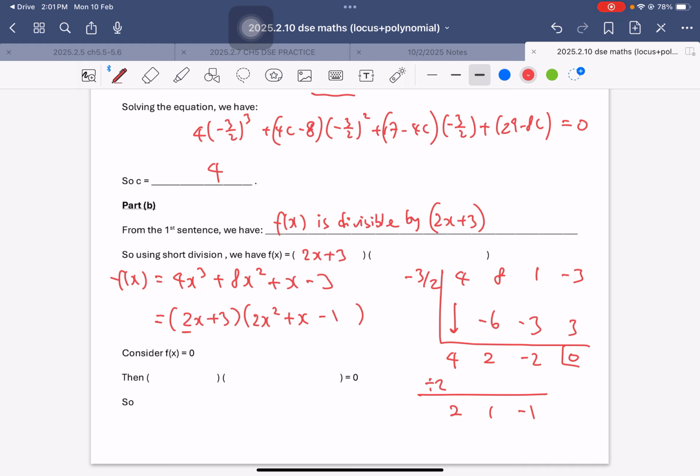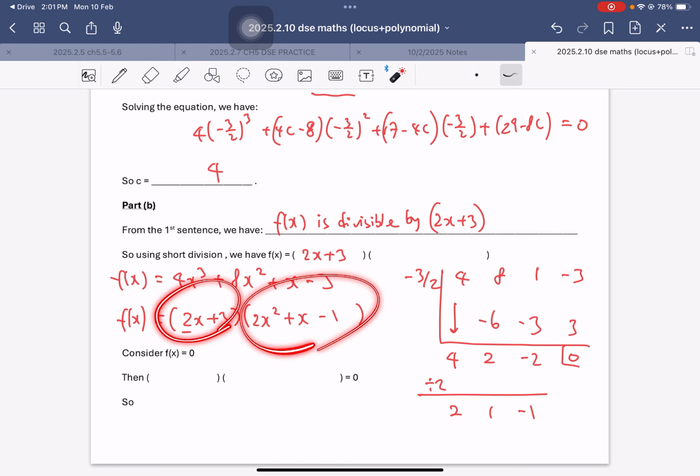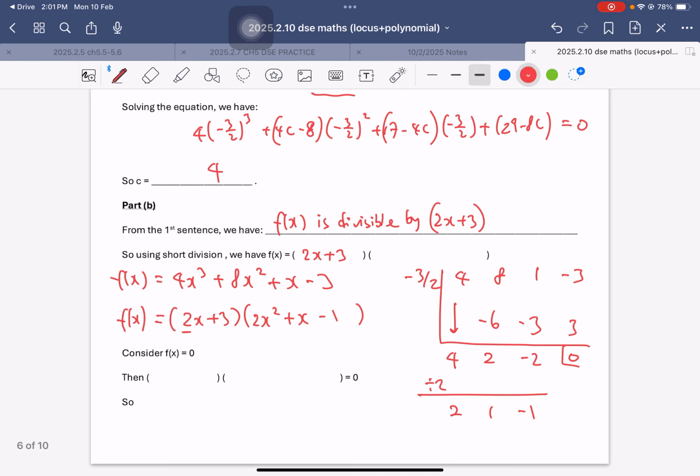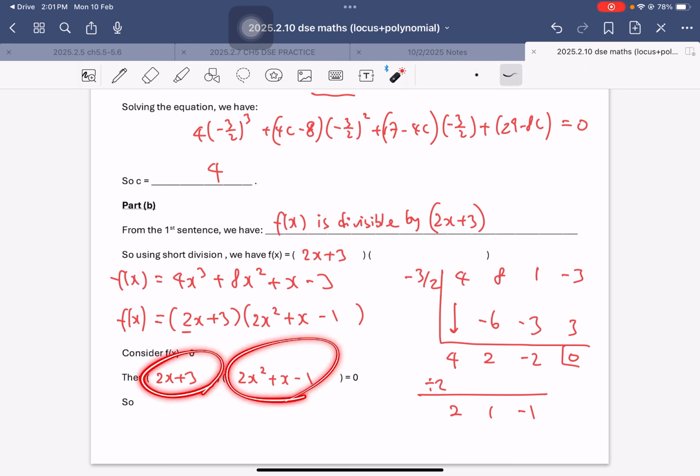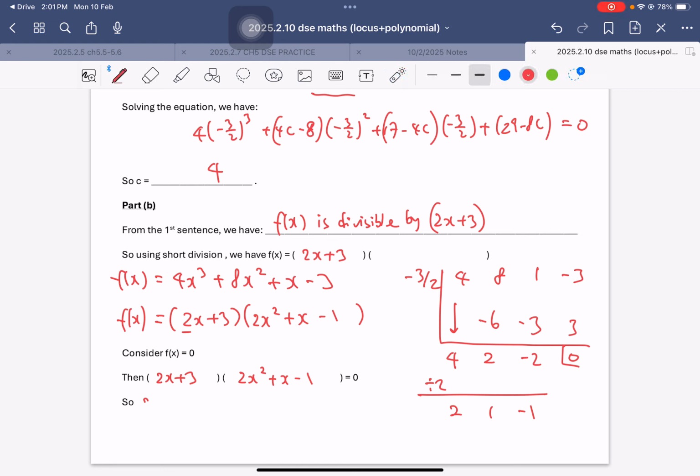Zenlith, okay? Did you write it down? So if we consider f(x) equal to 0, which means that these two things times together is equal to 0, isn't it? So I have (2x + 3) times (2x squared plus x minus 1) is equal to 0. When two things times together equal to 0, then which means either of them should be equal to 0.